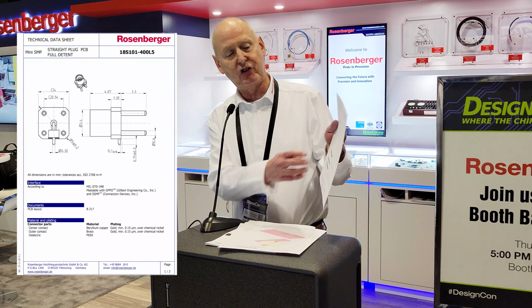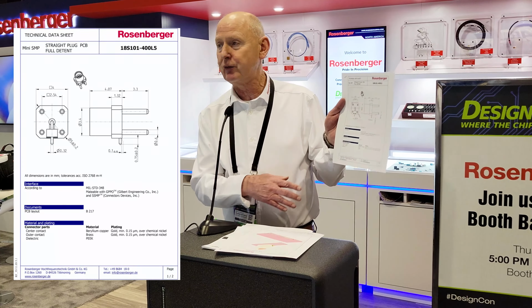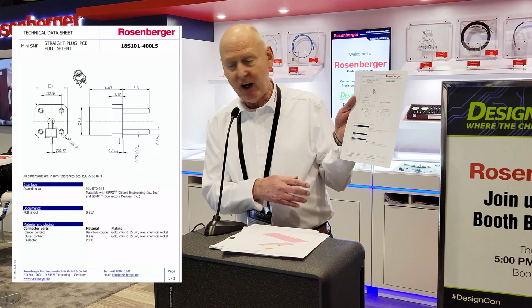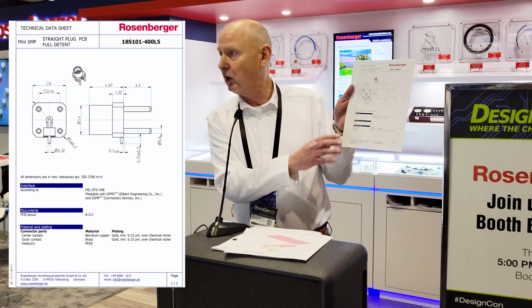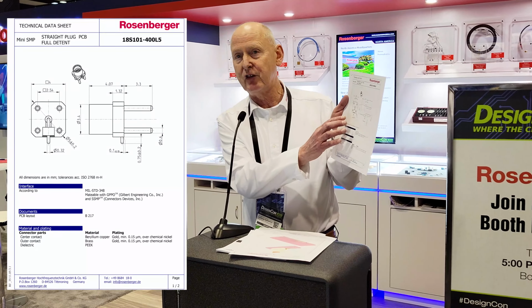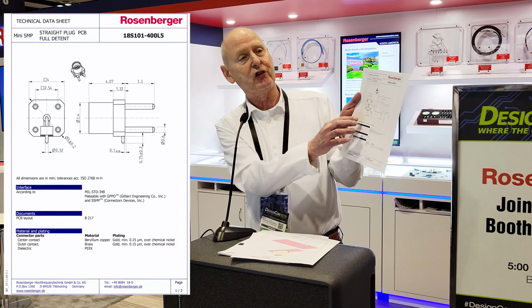This is a great product. It's a leaded product with a center conductor that's surface mount. A standard footprint for this type of product would look very much like the bottom of the connector. And you can see right here, you've got the four legs and you've got the surface mount connector. Basically, that is what a standard footprint is. It mirrors what the bottom of a connector looks like.